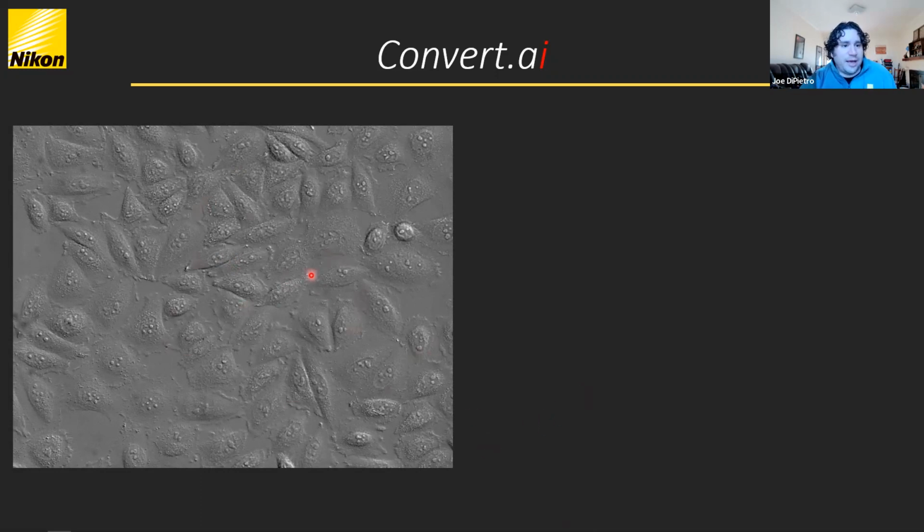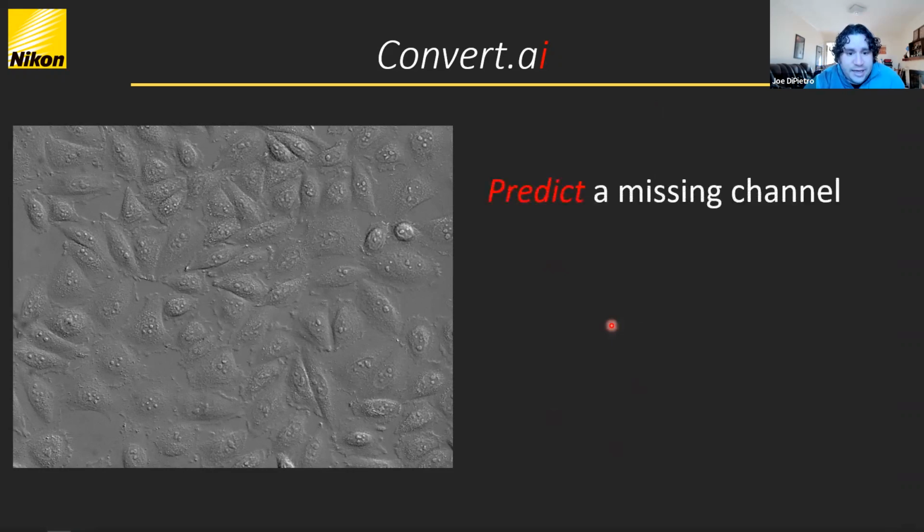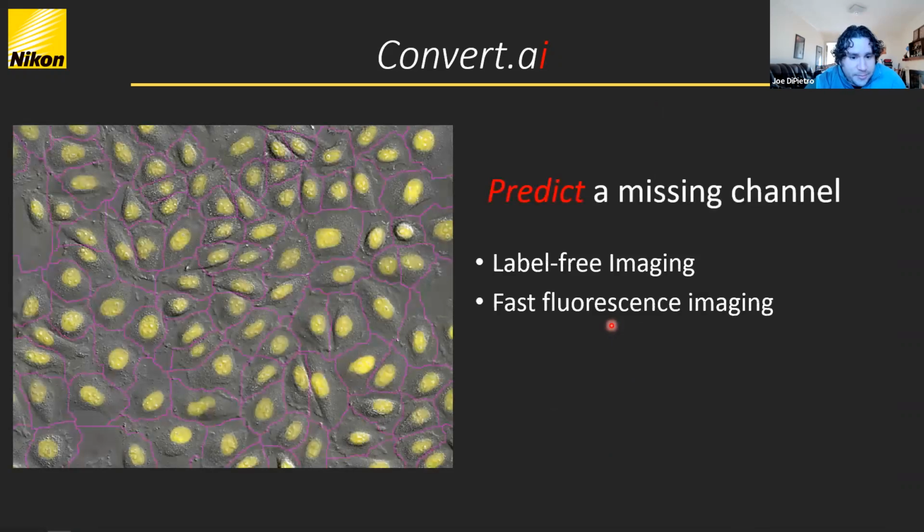What's great about imaging cells like this using white light is that it doesn't really damage them, and you actually do get pretty good contrast. But what if you wanted to get some kind of information out of it? What you can do is use Convert.ai and predict a missing channel. So you can essentially get an image as if you labeled it with a nuclear stain, without actually doing so.